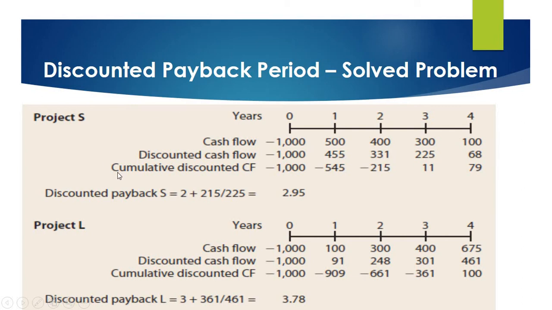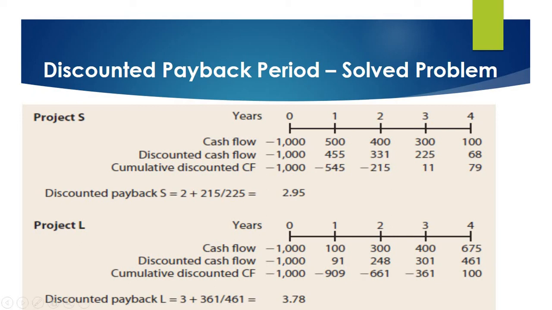Now let's look at the third row, which is cumulative discounted cash flow. The cumulative discounted cash flow for year 0, which is the initial investment, is minus $1,000. Then the cumulative discounted cash flow for year 1 is minus 1,000 plus 455, equal to minus 545.